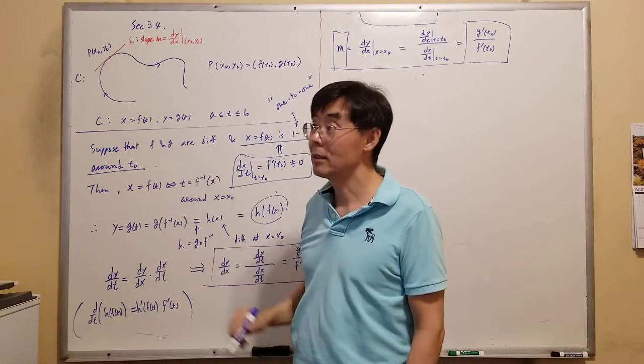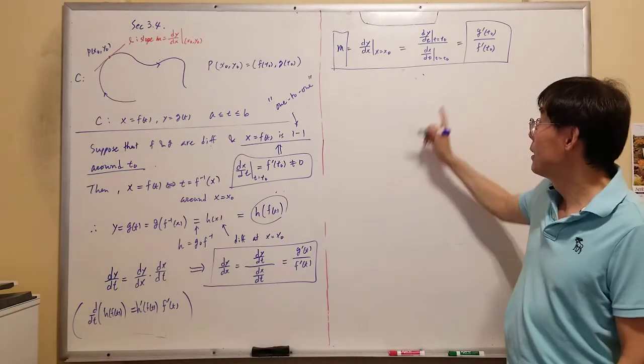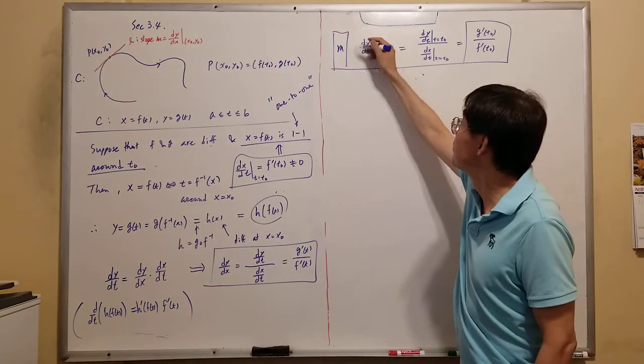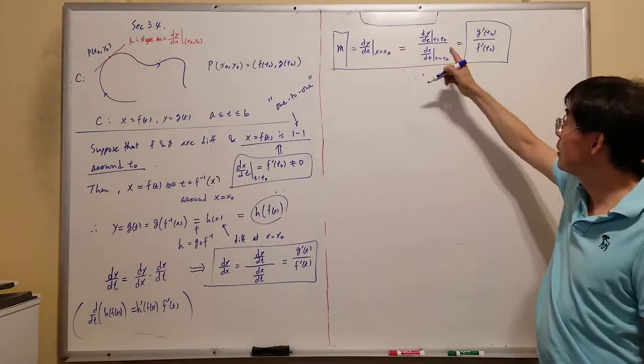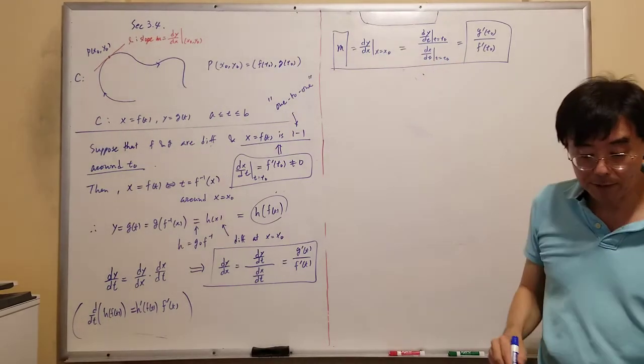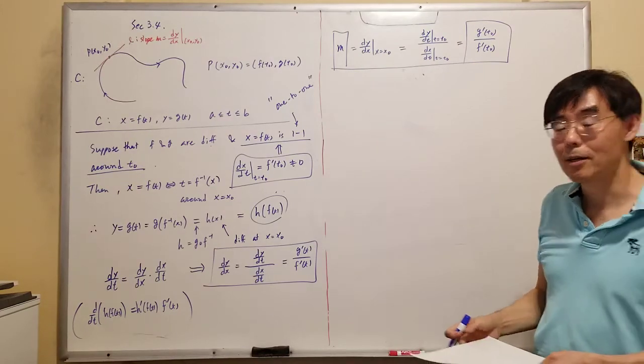Very often that's either impossible or very hard to do. Here, you don't have to do it. You just find dy over dt, dx over dt, and take the ratio of that. And you can get the slope of the tangent line. Okay?